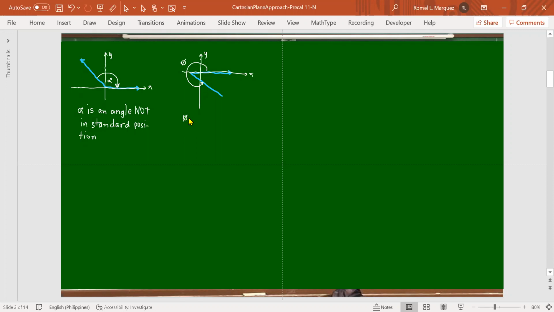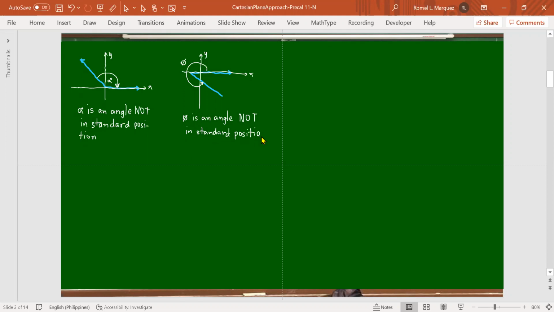What can you say about phi? Positive or negative? Positive. Why is it positive? It's drawn in the counterclockwise direction. Is it in standard position or not? Not. Why is it not in standard position? The vertex isn't at the origin. So it is not in standard position.